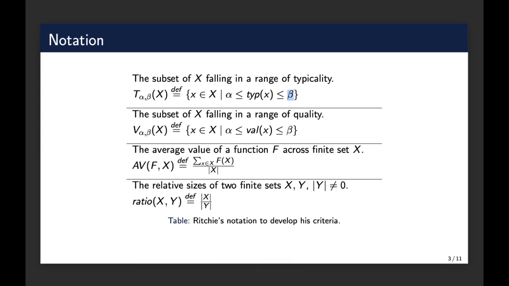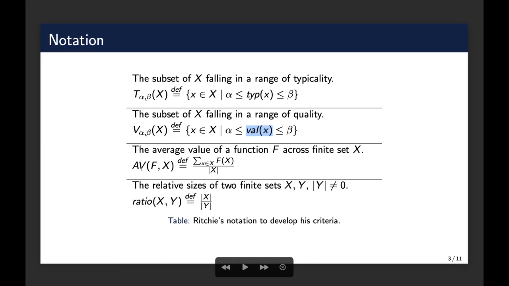We say the same thing, but instead of using typicality, we use the value function. We have an item and we assess the value. We evaluate this quality for the items, and we can see if it falls in the range between alpha and beta, and then we have this subset of elements falling in this range of quality.